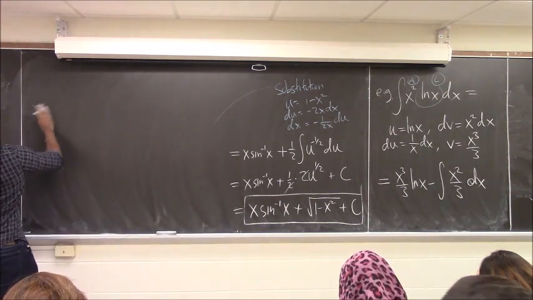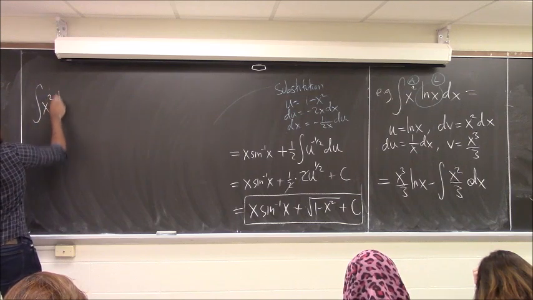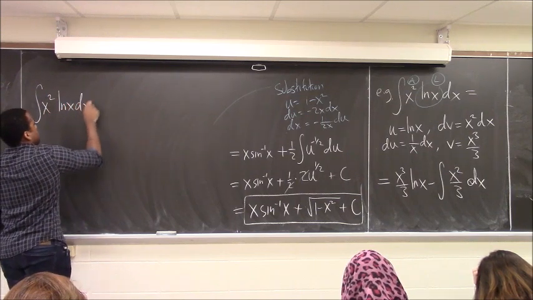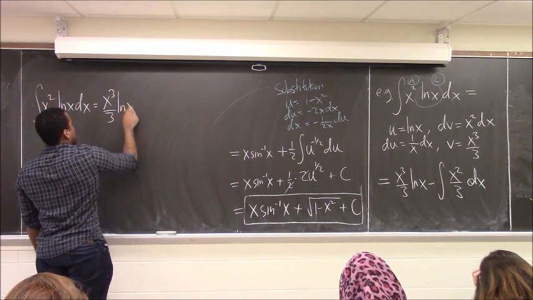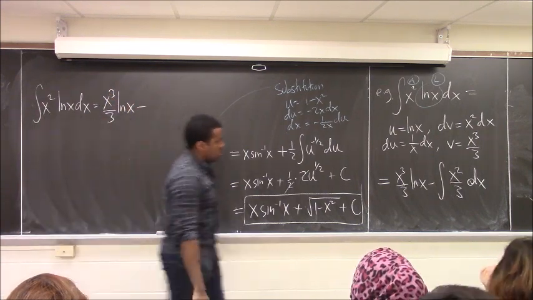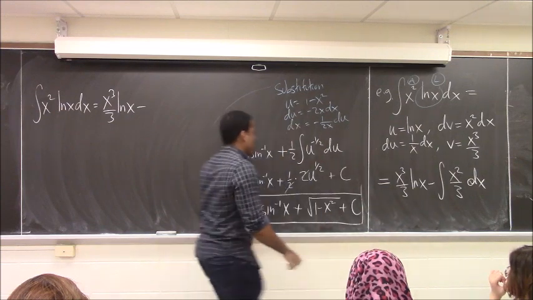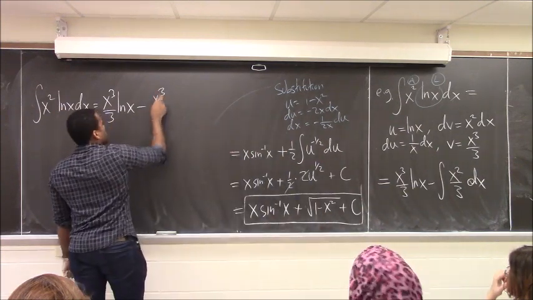So we end up with the integral of x squared ln x. The power rule can integrate that guy, and we would get x cubed over 9.